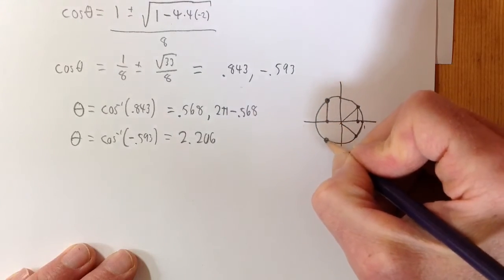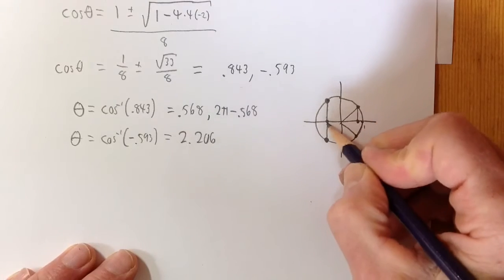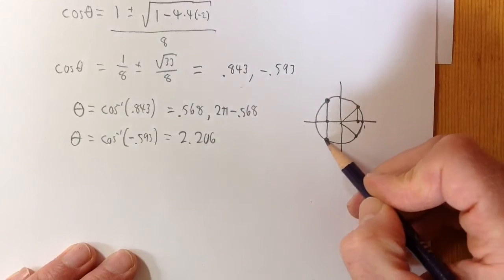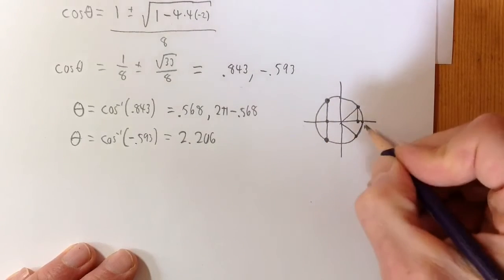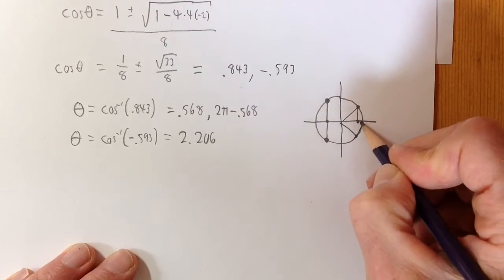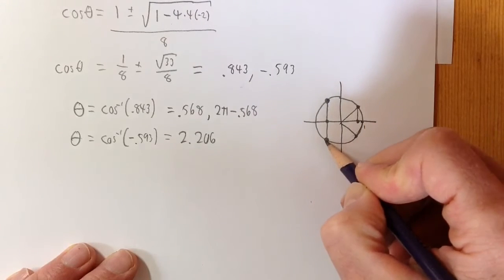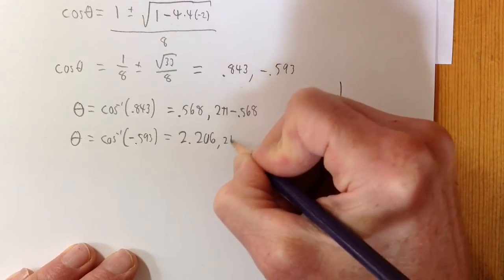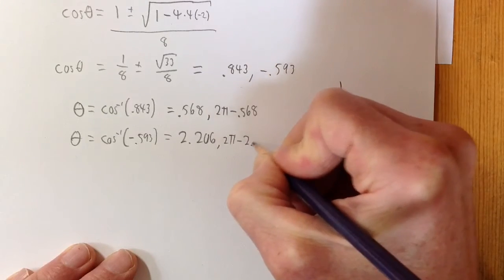But there's the other one down here, which it didn't give us. How do we figure out this one? So again, this one is 2.206. This one is 2 pi minus that amount. Right here it's the positive amount, here it's the minus amount. So it would be 2 pi minus 2.206.